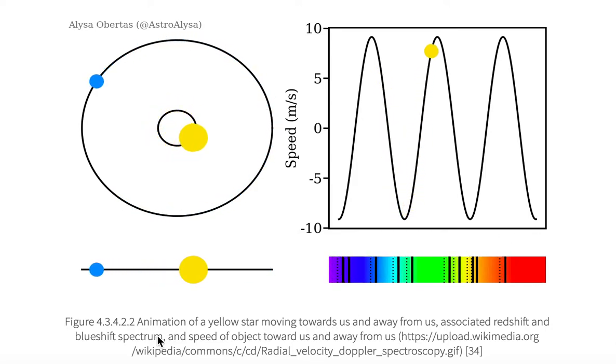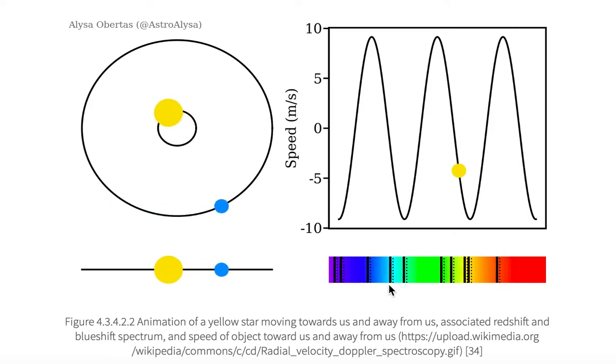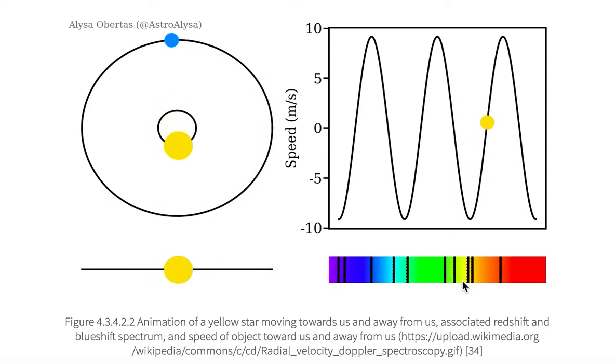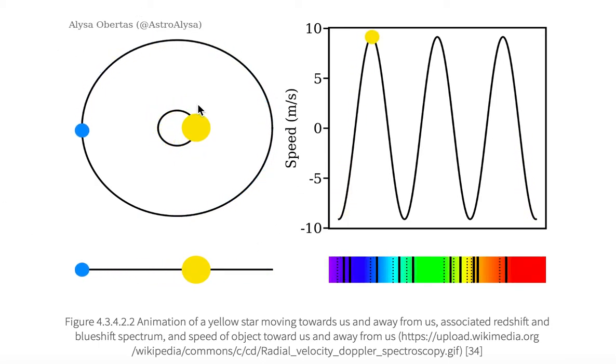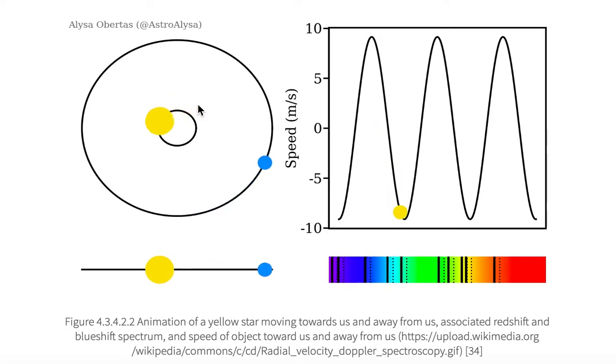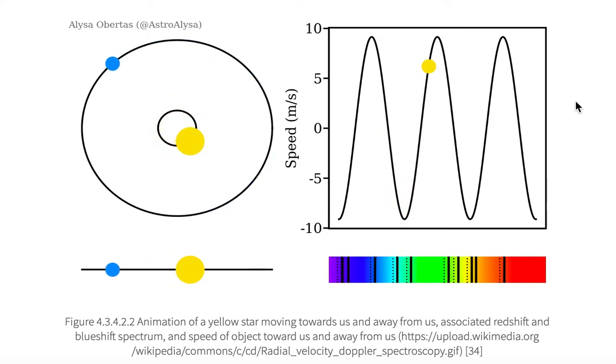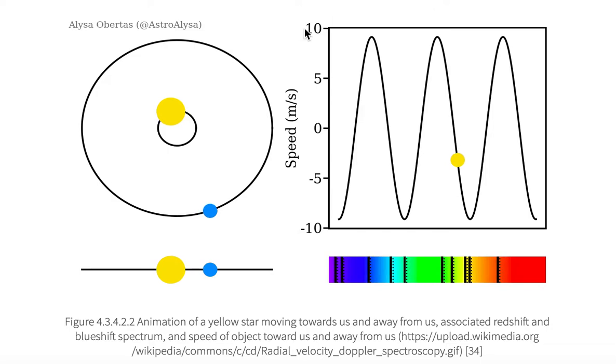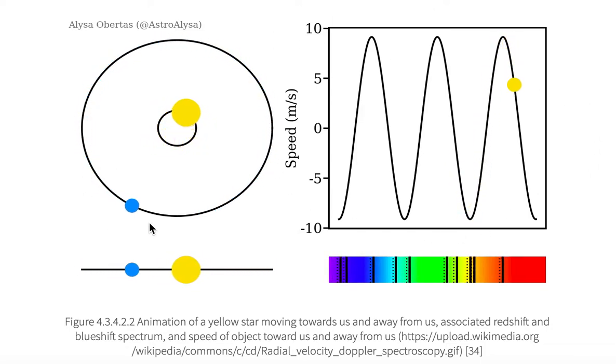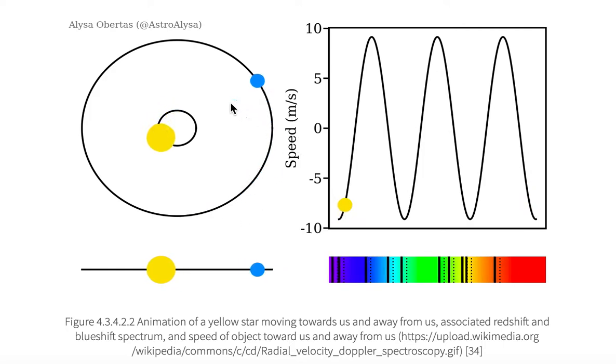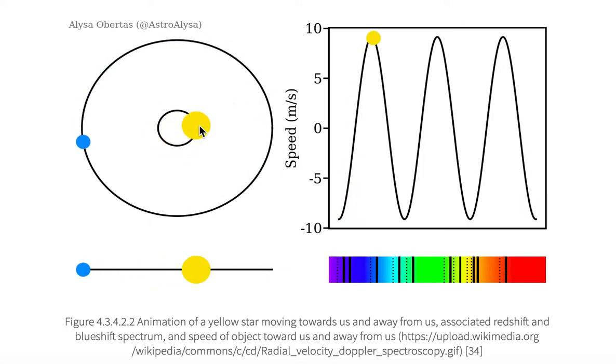This is what we mean by redshift and blue shift spectrum of an animation of a star moving towards us and away from us, generating a radial velocity plot that is used to find or infer an exoplanet in orbit around its host star.